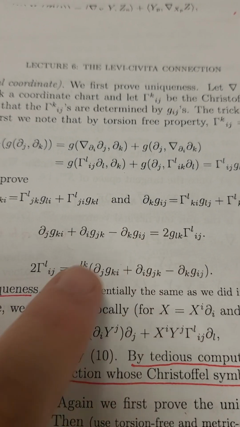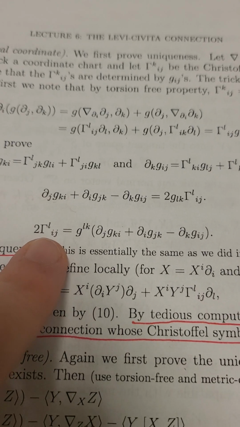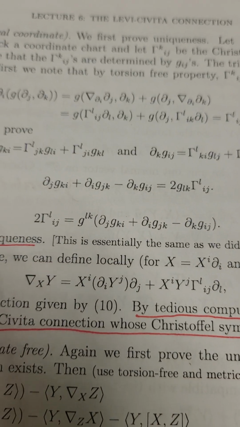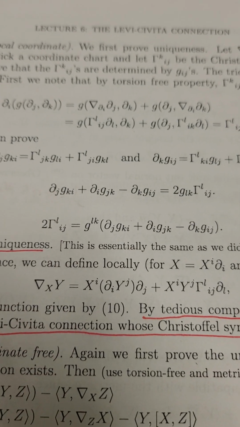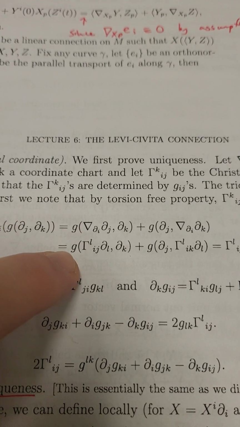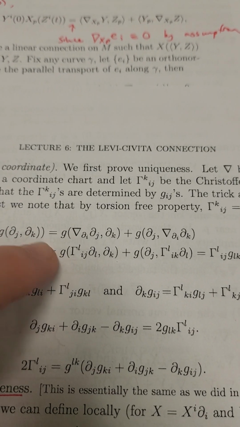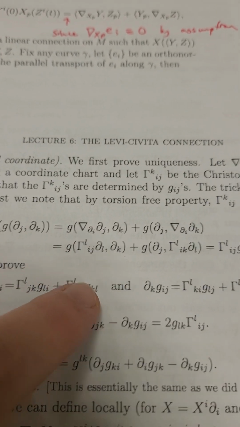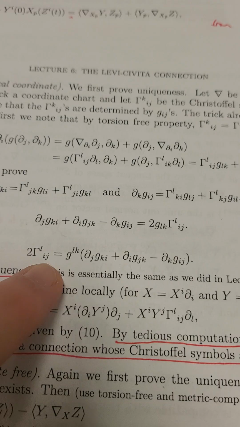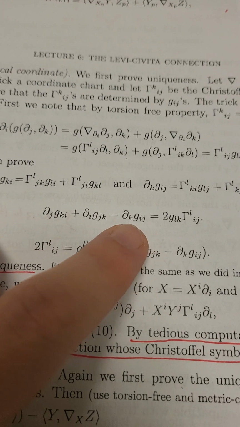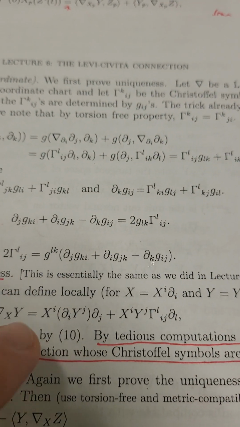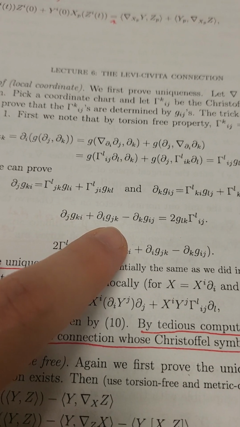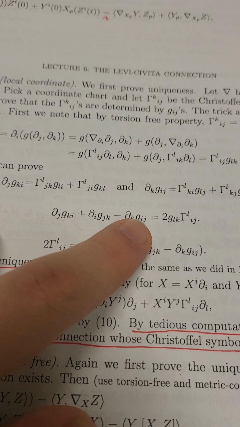So then we can just multiply by the inverse of the metric to solve for the Christoffel symbols. And so you can see that the Christoffel symbols are uniquely determined by the metric. We crucially used metric compatibility in the very first step to evaluate this partial derivative, and then we used the torsion-free property, which is equivalent to requiring the Christoffel symbols are symmetric in the bottom two indices, to add two of the permutations and subtract the third.